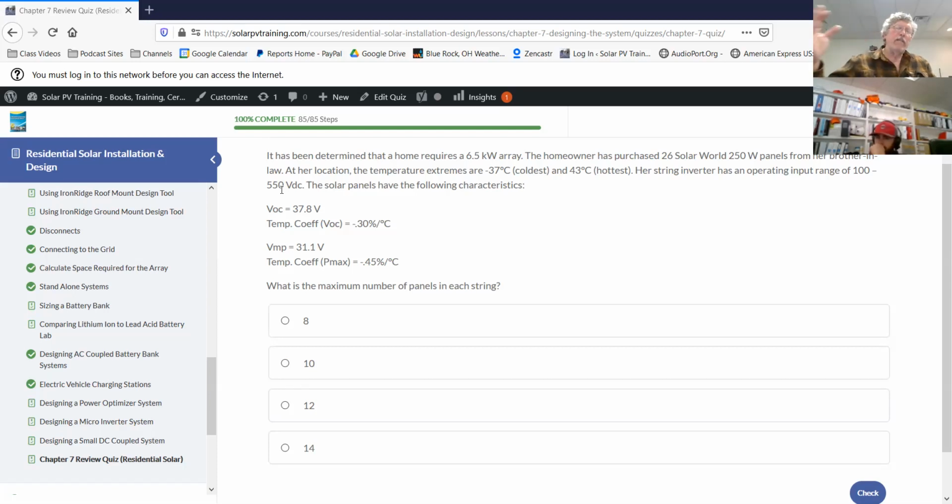I don't want to exceed 550 volts, so I would round that number down, and my maximum in a string would be 14. That would assume that we're operating at standard test conditions all the time.